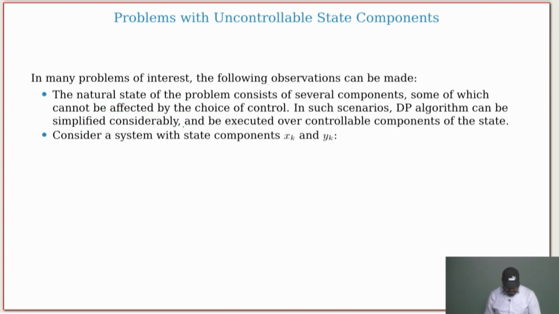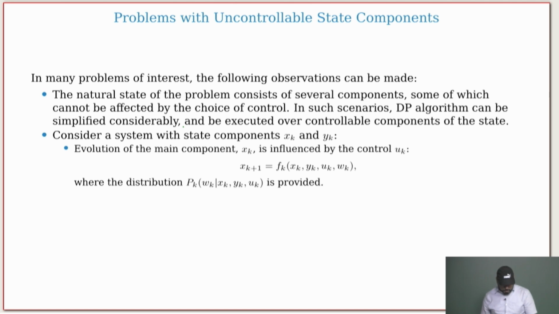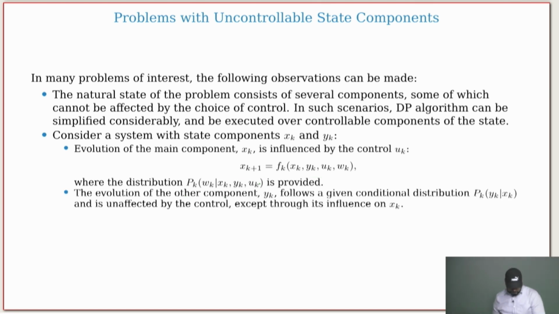So consider a system with state components xk and yk, and the evolution of the main component xk is influenced by the control uk. So xk plus 1 is a function of xk, yk, the control uk and the disturbance wk, where the distribution of wk is given. So given the state xk, yk and uk, the distribution of wk is known.